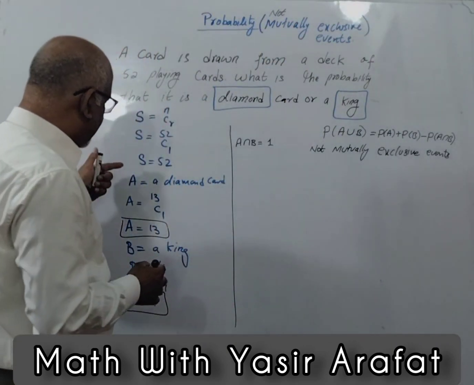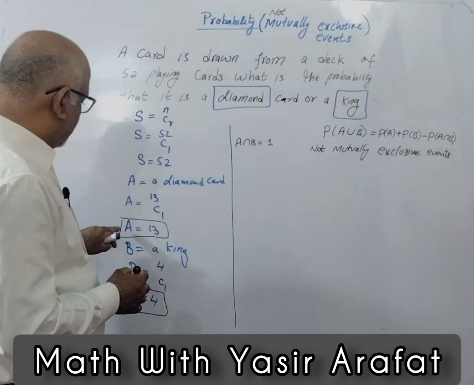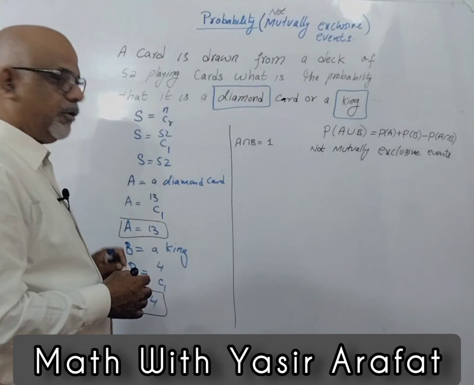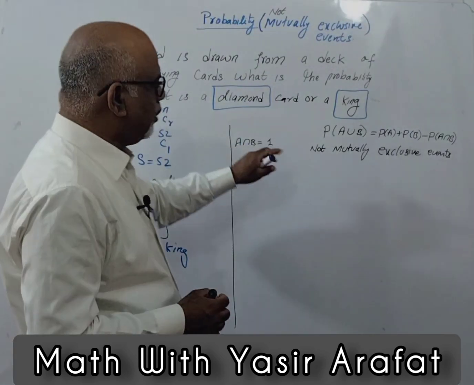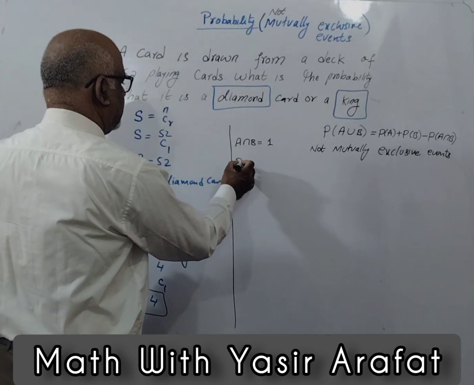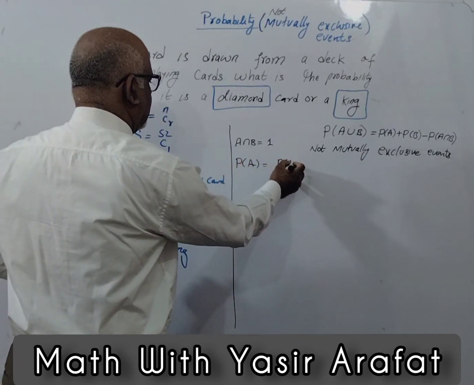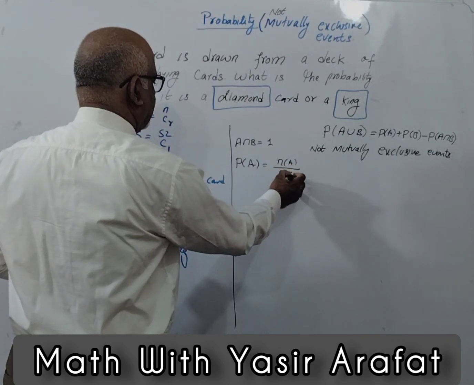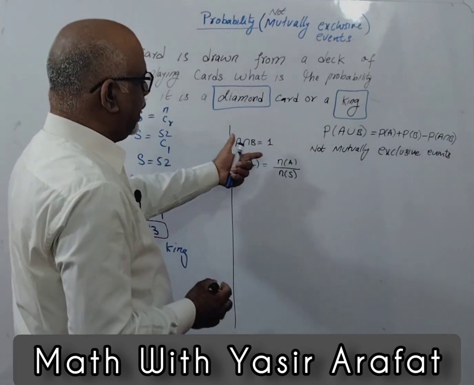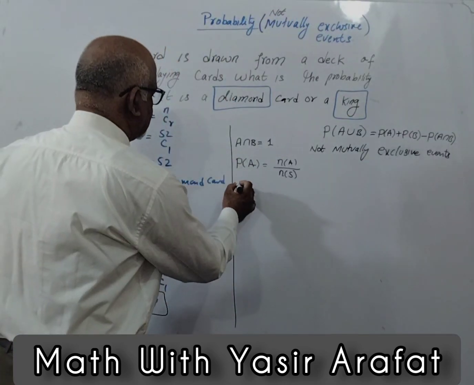So first we have to find out the probability of A, the probability of B, and then the probability of A intersection B. So here the probability of A, we have a simple formula, number of elements in the event divided by the number of elements in the sample space.